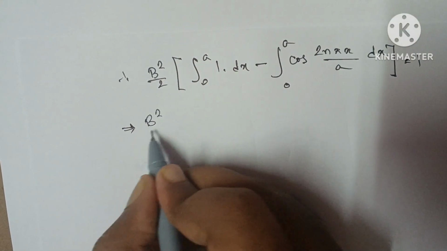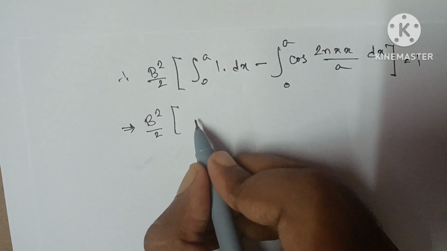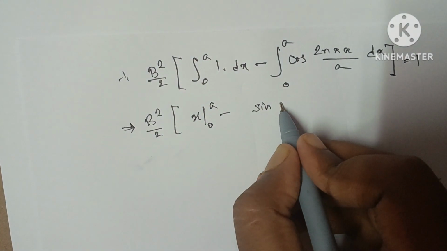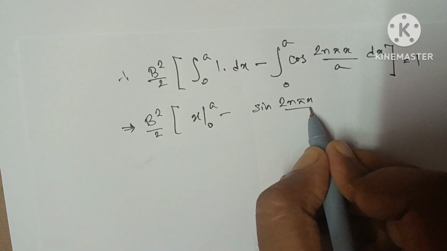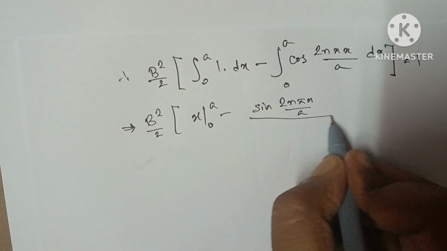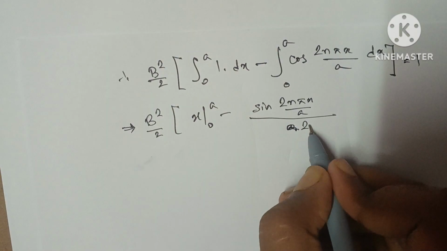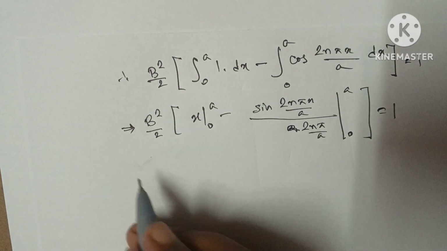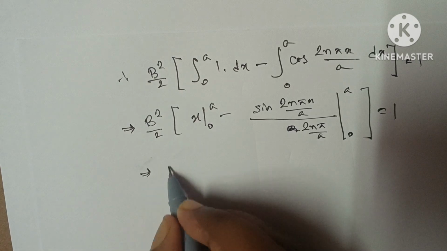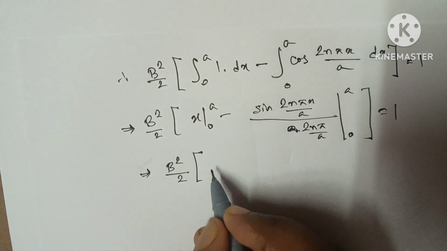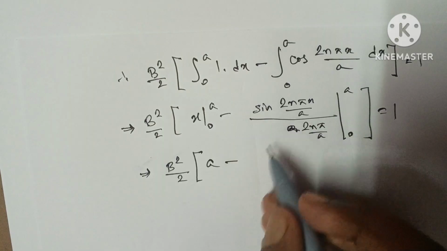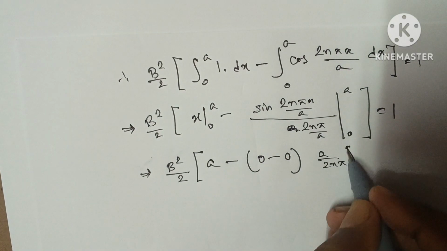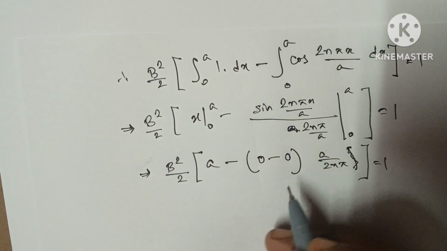Or b square by 2 times x from 0 to a minus sin 2 n pi x by a divided by 2 n pi over a, from 0 to a, is 1. Now it will be b square over 2 times a minus something over 2 n pi that becomes 0, so this term will become 0.